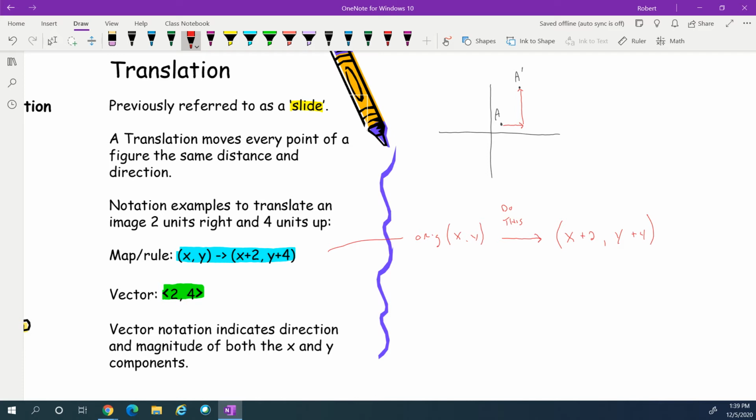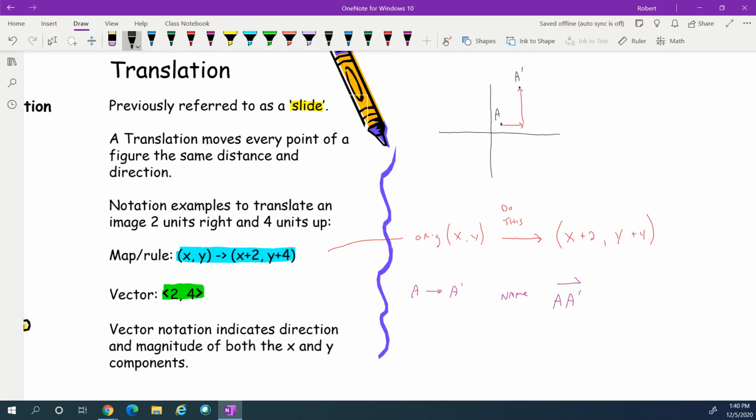The only other thing with vectors is that we can name vectors. So in this example, our vector went from A, and the new point was A prime. So we would name the vector A A prime, and the symbol for a vector is this little half arrow.